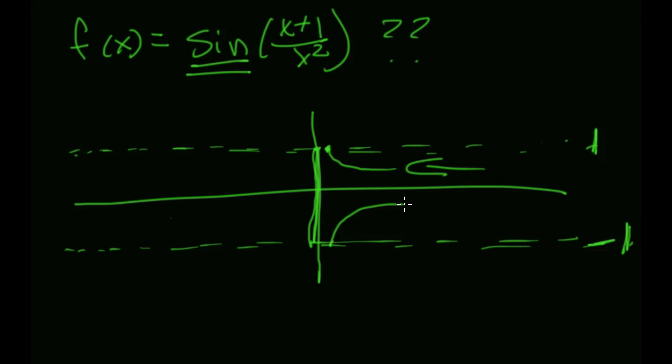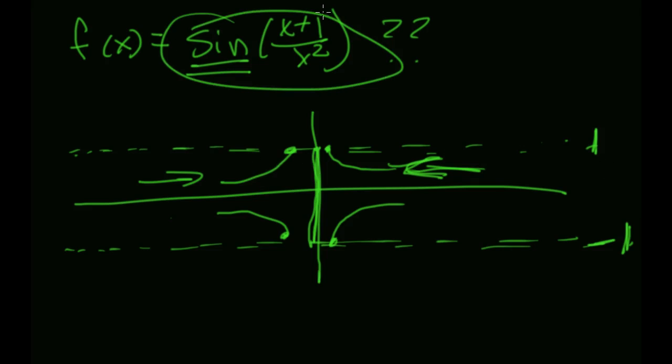Or it might get stuck here. Sorry, that's coming from the right. If I'm coming from the left, it's going to get stuck there. It's trapped because it's a sine function, and the sine is always trapped between 1 and -1.